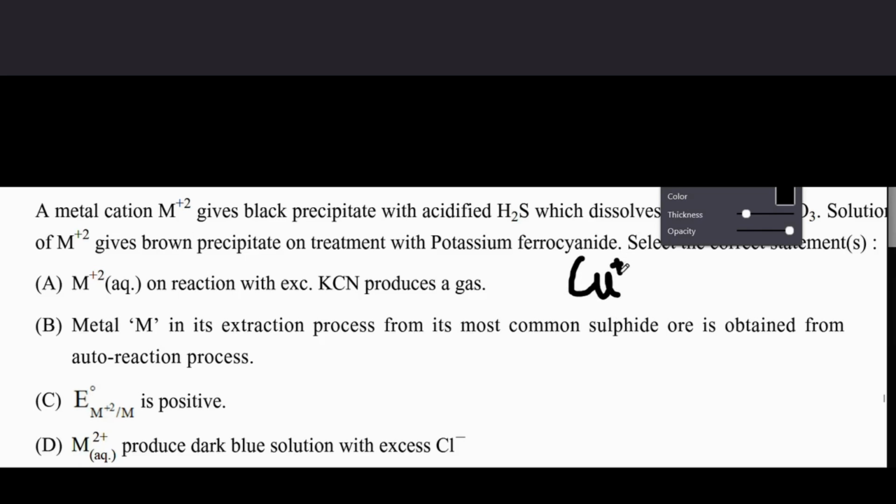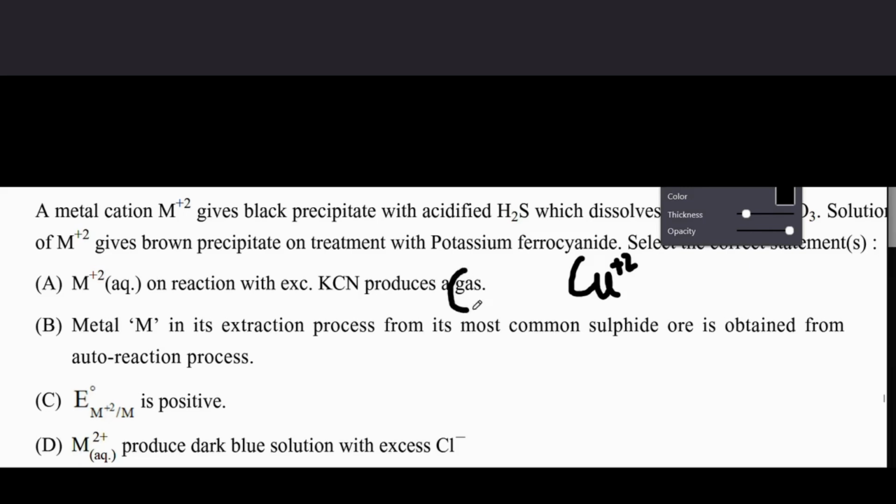Now the first option tells that, by the way, this question is a multiple correct question, so let's proceed. The first option says that M2+, that is Cu2+ aqueous, on reaction with excess of KCN produces a gas.